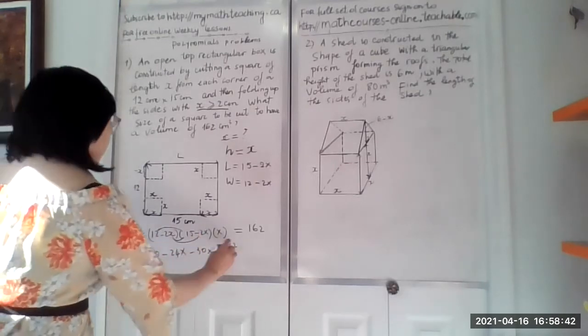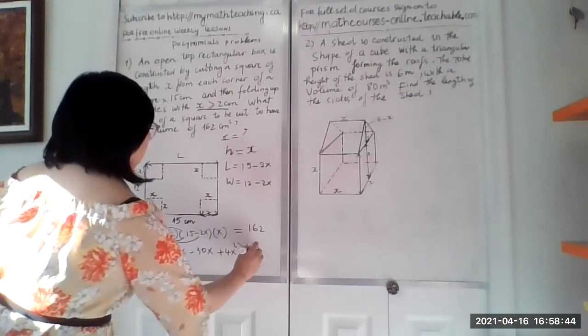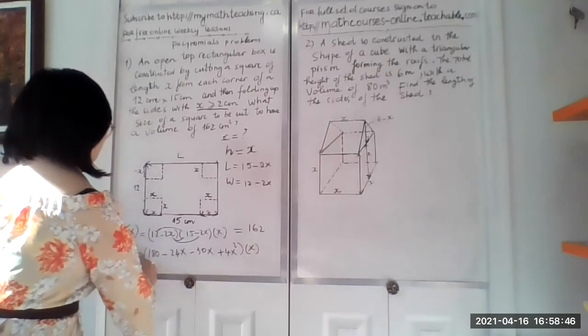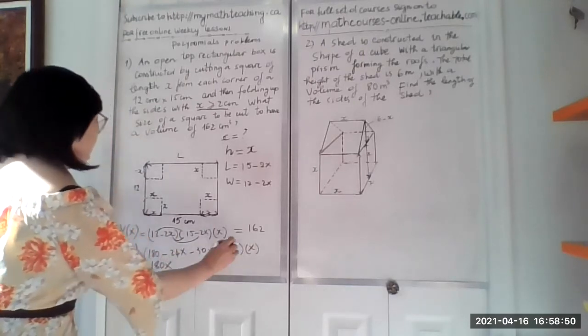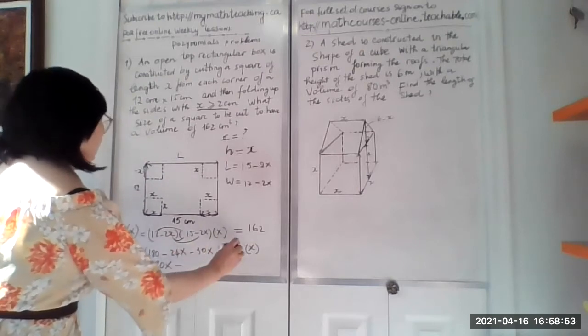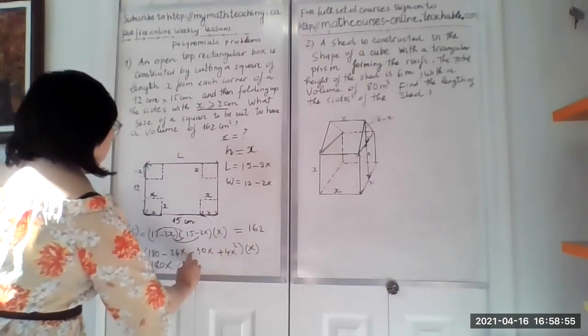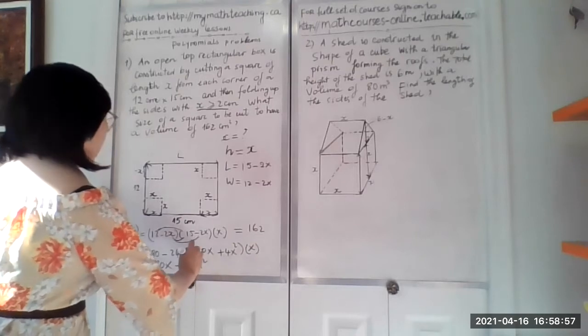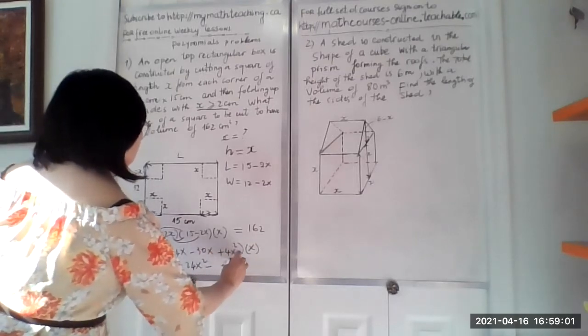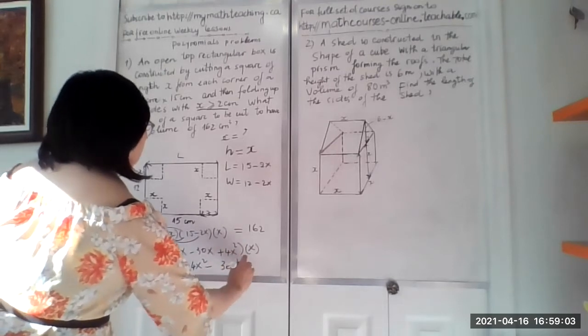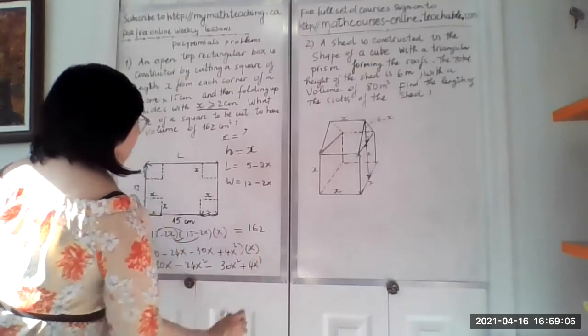So now all of this will be multiplied by an x outside again. So I will get 180x, minus 24x times x is minus 24x squared, minus 30x times x is minus 30x squared, and plus 4x to the power 3.